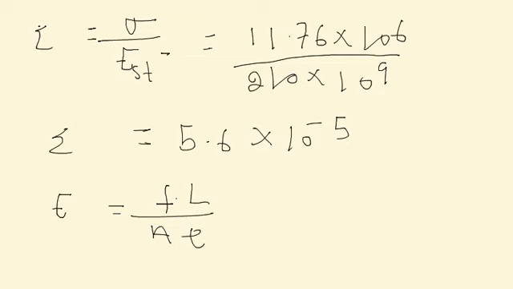From this relationship we can determine the extension directly. After that, we use the expression that strain is equal to the extension over the original length. So you can use this to get the strain.